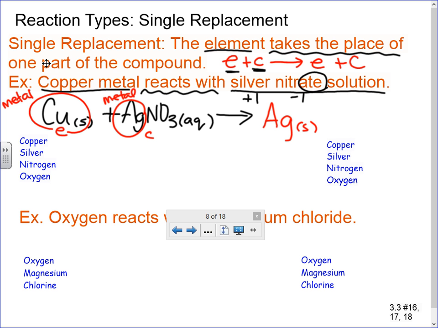Now, whenever you make a compound, you must consider the charges. So I cannot just write CuNO3. I have to think, what's the charge of copper? When I look on the periodic table, we'll see that copper has two choices, 2 positive or 1 positive. And this question came up yesterday, and the answer is, when we don't say which charge to use, it's the first one.